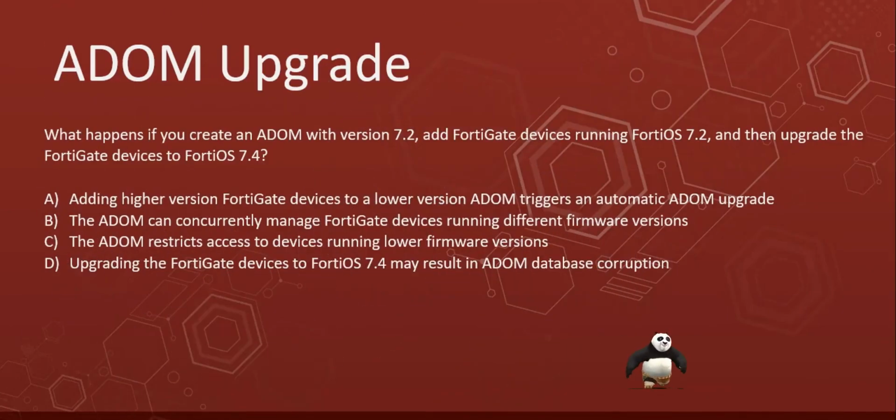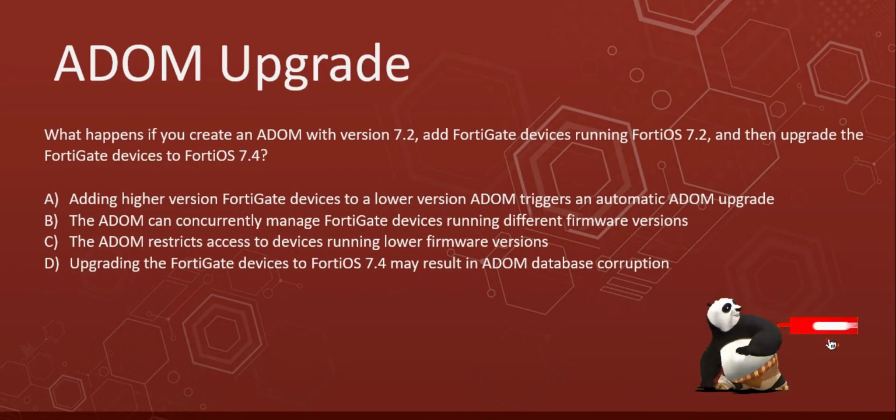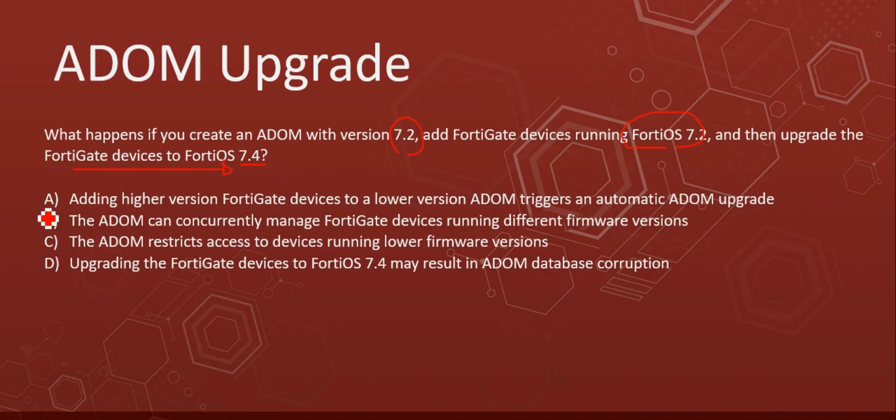Okay, next question. What happens if you create an ADOM with version 7.2, add a FortiGate device running FortiOS 7.2 and then upgrade the FortiGate device to FortiOS 7.4? Answer A. Adding a higher version FortiGate device to a lower version ADOM triggers an automatic ADOM update.